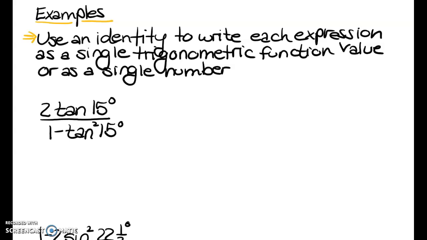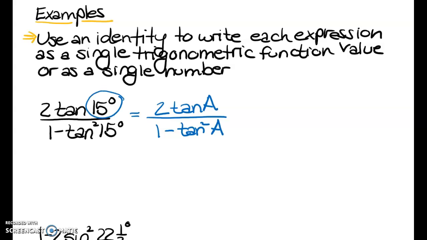All right, so I'm going to look at this and I'm going to have my little formulas handy, and I'm going to say, well, that looks a lot like my tangent formula, 2 tan A over 1 minus tan squared A. So this value here, since they are both the same, this is going to be my A value.